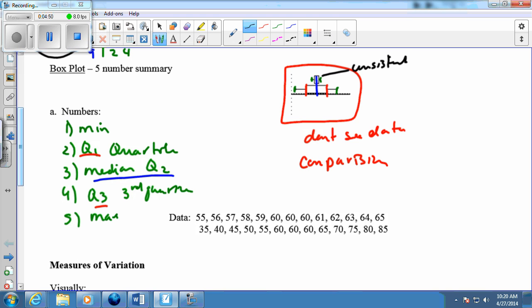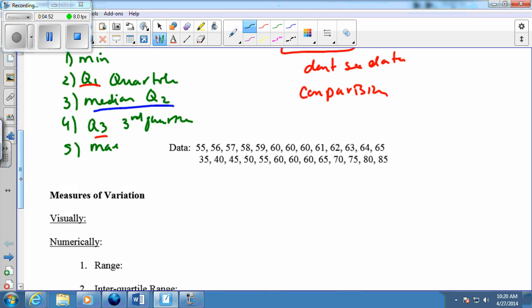So we have some data down here below, and we're just going to sketch this thing. I have a number line, and it looks to me like the median of one of these data sets is going to be 60.